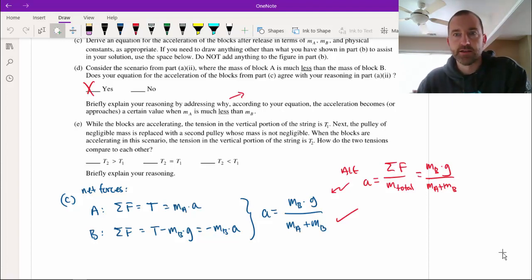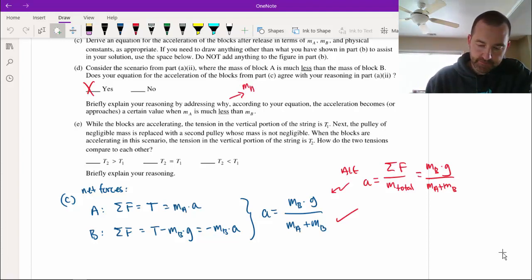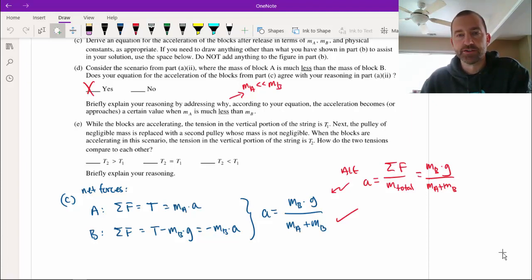If m_A is much smaller than m_B, then in our equation that we've got there, m_A is pretty much negligible. So we can say that it is dominated by m_B in the equation.